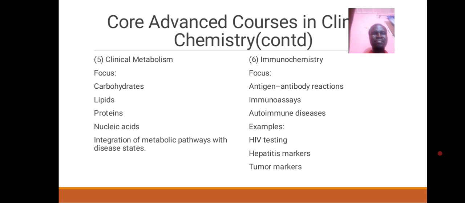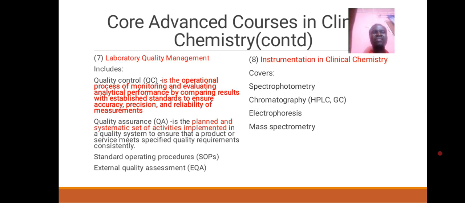Another area is going to talk about clinical metabolism, macromolecules like carbohydrates, lipids, proteins, and nucleic acids. Then we also look at immunochemistry, which has already been dealt with by our prof last semester.